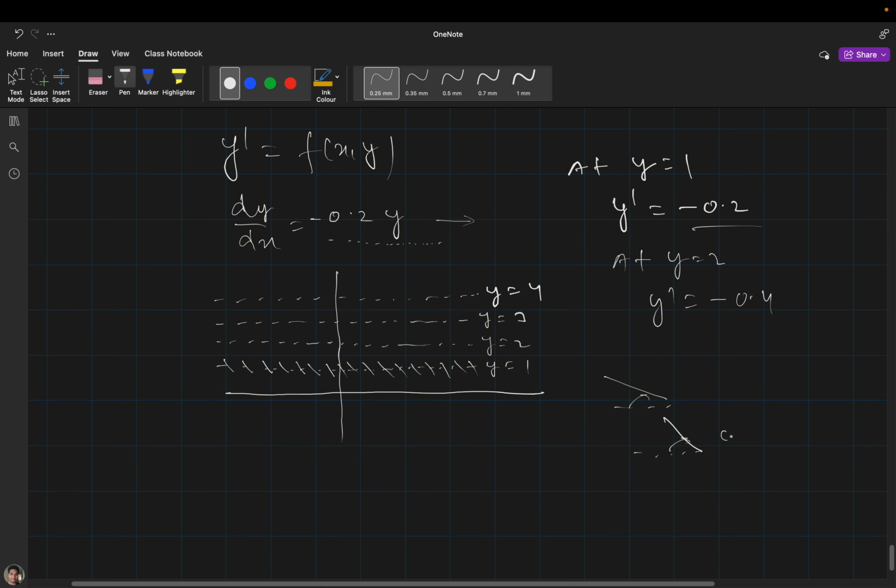This is slope minus 0.2. This is slope minus 0.4. So at y equal to 2, the slope will be something like this. And at y equal to 3, what will the slope be?